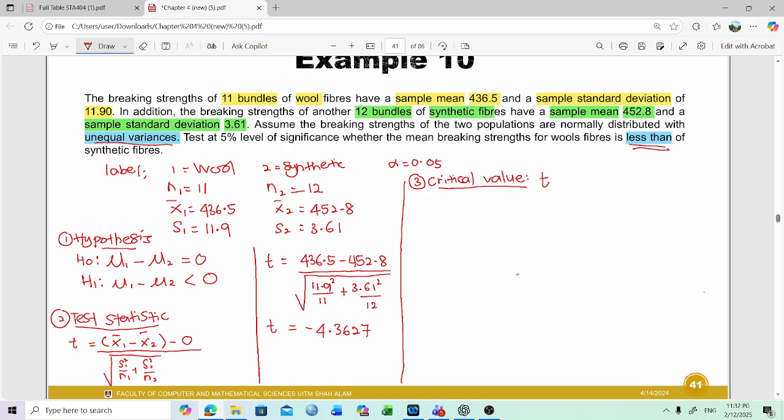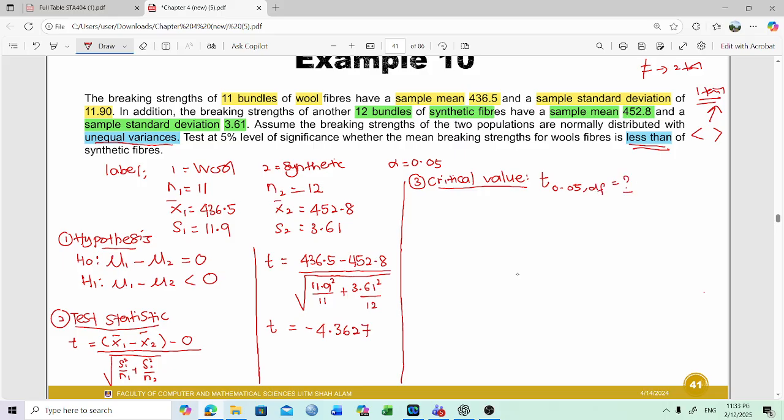How do you know that this is one tail? Less than. Less than or greater than is for one tail. If it is an unequal symbol, this represents the two tail. If it is one tail, you don't have to divide your alpha by 2 to find the critical value. So t alpha, 0.05, with a degree of freedom.